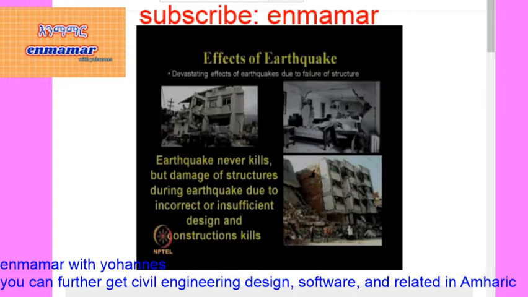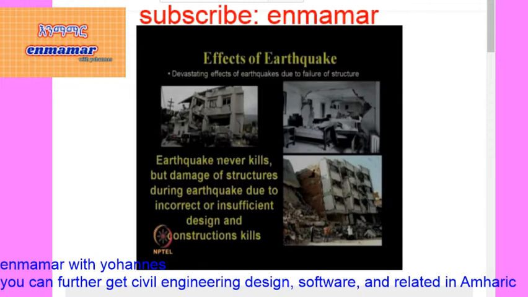But we should always remember one important aspect, that earthquake never kills, because suppose the earthquake occurs in a desert where no human being is living, that is in an open area, then obviously there is no chance of damage to any structure, because at those locations there is no structure at all.